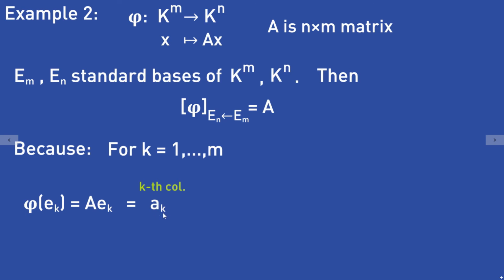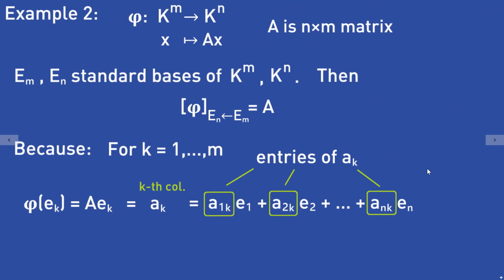Now we write ak the following way. So ak is equal to a1k times e1 plus a2k times e2 plus and so on plus ank times en. These coefficients here are the entries of the column ak.